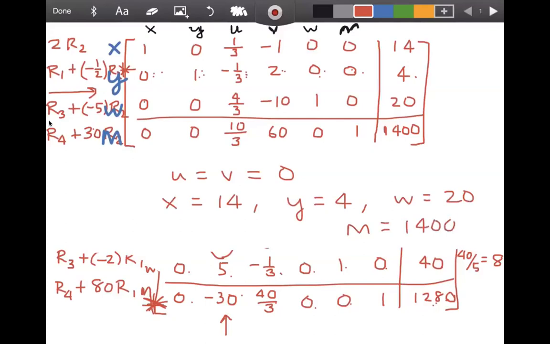So that agrees with the solution that we found in chapter 3. In order to maximize profit on the manufacture of chairs and sofas, you should manufacture 14 chairs and 4 sofas for a maximum profit of $1,400.